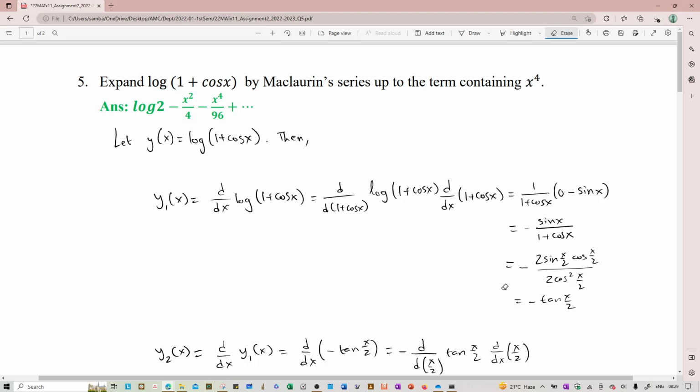Now, if you remember what the Maclaurin series is, the first term in the Maclaurin series expression is going to be y0, right?